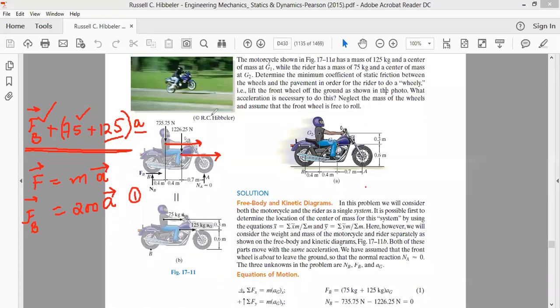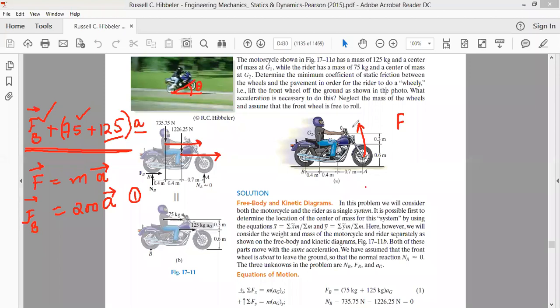I have just told you that there are two equations, since initially this motorcyclist had both wheels on the ground, but after some time the motorcyclist performed the wheelie and lifted the front tire up. As the front tire is lifted up, the wheel describes some angle with respect to the ground. We call this angle theta.